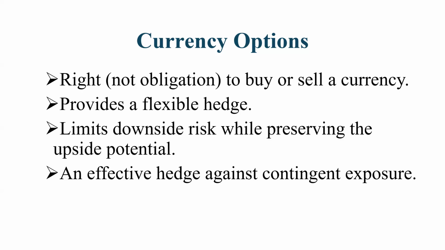It limits the downside risk while preserving the upside potential. And currency options can provide an effective hedge against what might be called contingent exposure. And contingent exposure is a risk due to uncertain situations in which a firm does not know if it will face exchange risk exposure in the future.